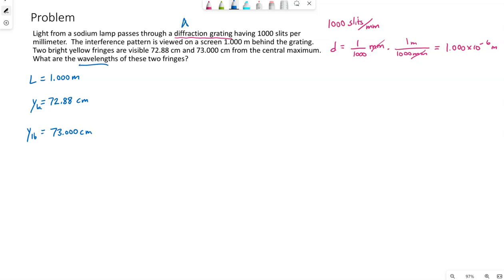So, the equations for diffraction gratings: d sine theta, where that's the theta of whichever order, is equal to m lambda, and then y sub m is L tangent theta.